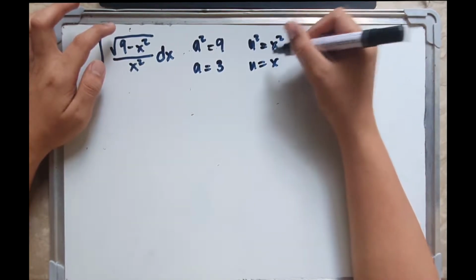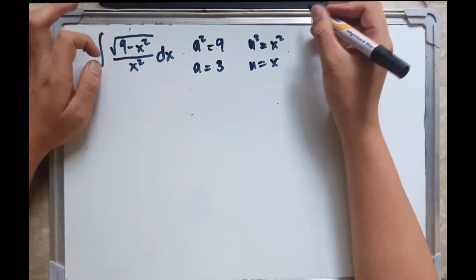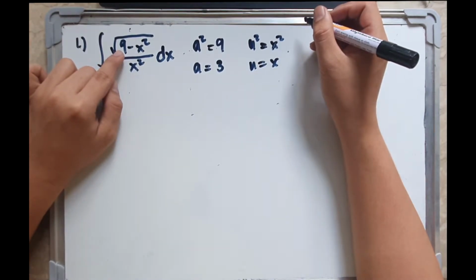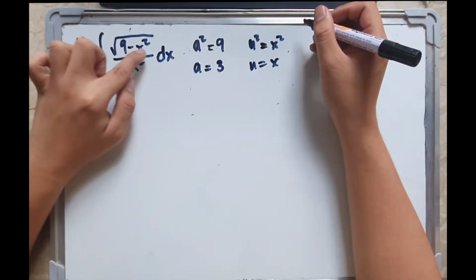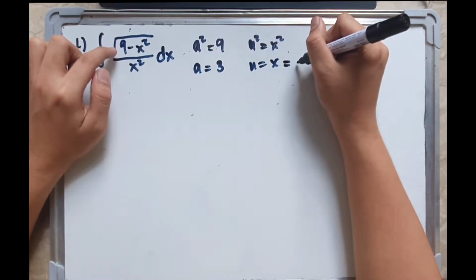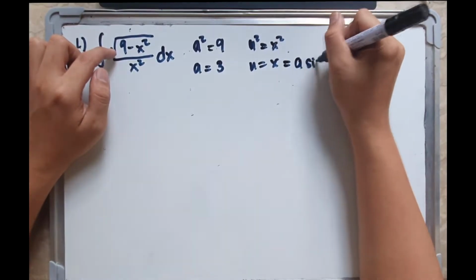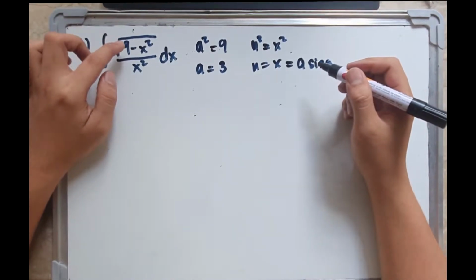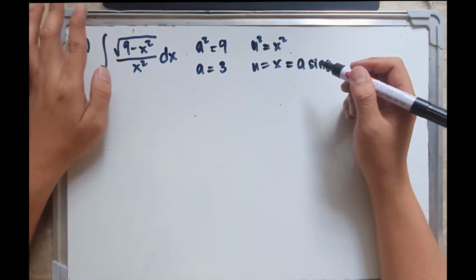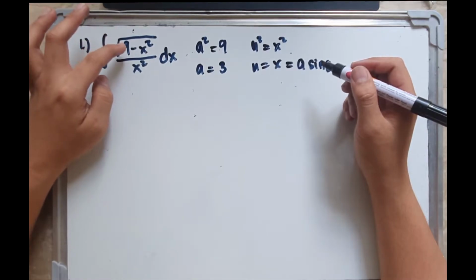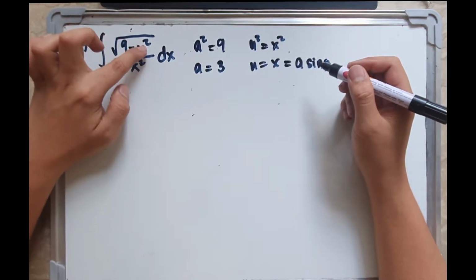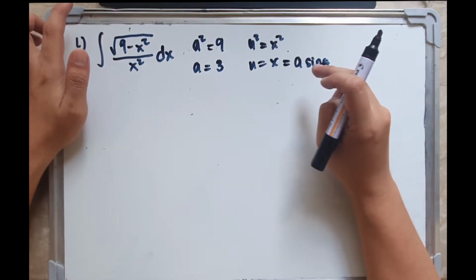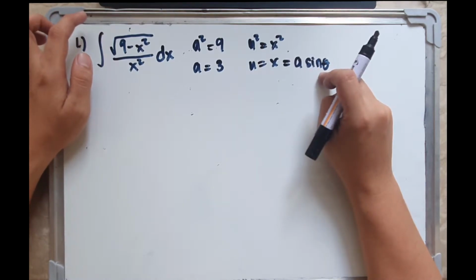What am I going to replace with our u? So, we have 9 minus x squared. That is a sine theta. Okay? So, make sure that you've memorized all the formulas: when we have a constant minus a function, that is to be substituted with sine theta.